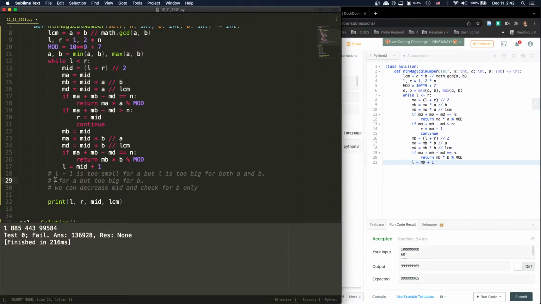Thus, the solution must come from B, right?